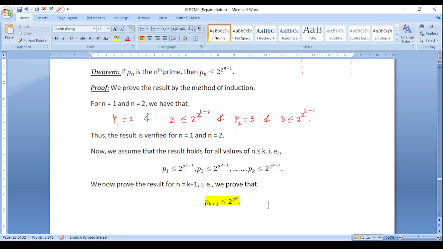So for us to prove that this happens, what we'll do is we'll simply consider the left hand side of this expression. Okay.